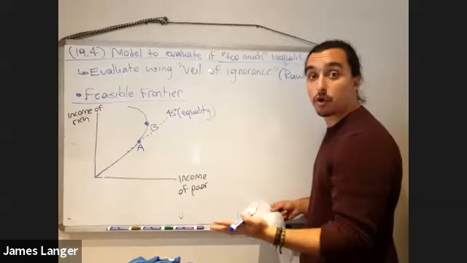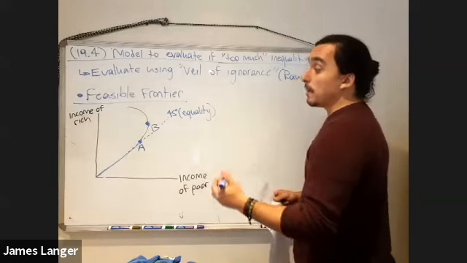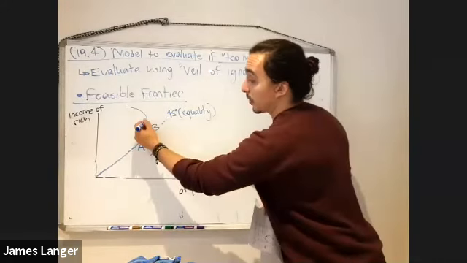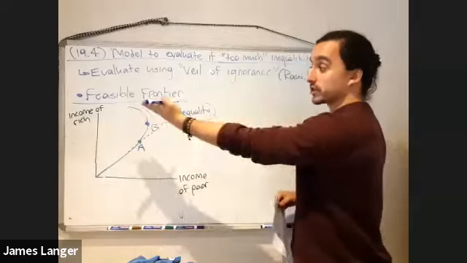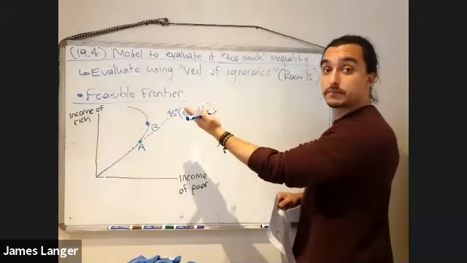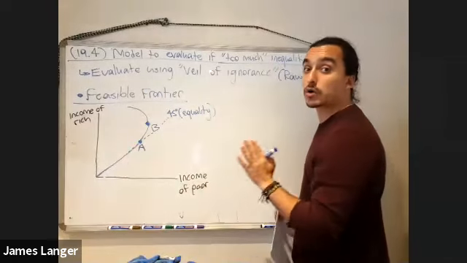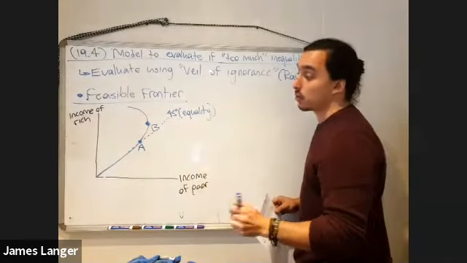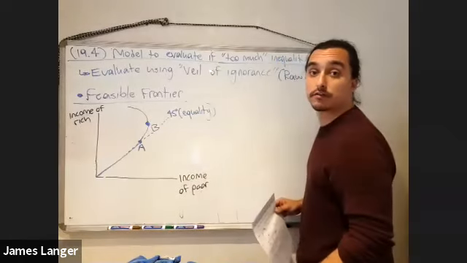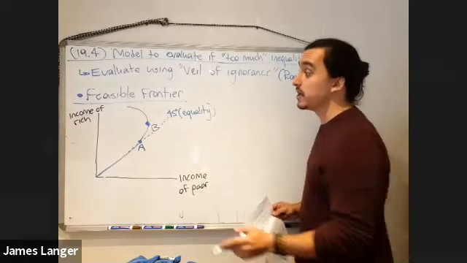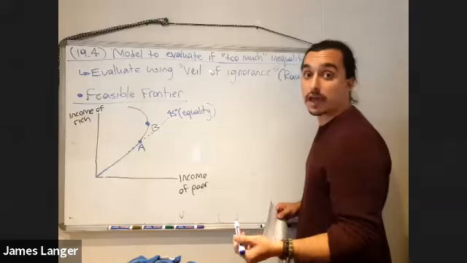But when I start to move from point B, now the rich are earning more income, but the poor are earning less income. So now we're starting to see a trade-off. When we go from A to B, there's no trade-off. Everyone's earning more income, but the rich are earning income at a much higher rate.